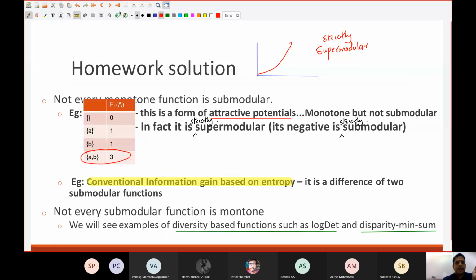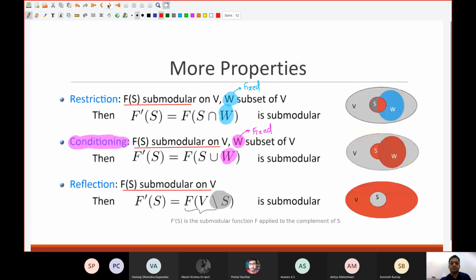So here I could explicitly call out and say that in this case my V is exactly A and B. This is the universe of all elements. Okay, so all of these are submodular. Again, very simple to prove.